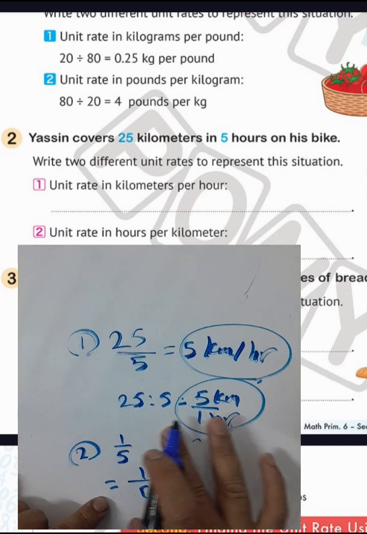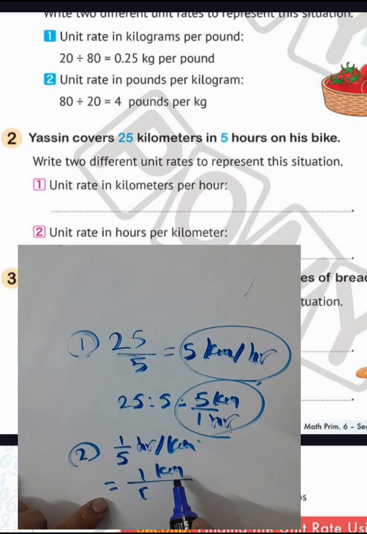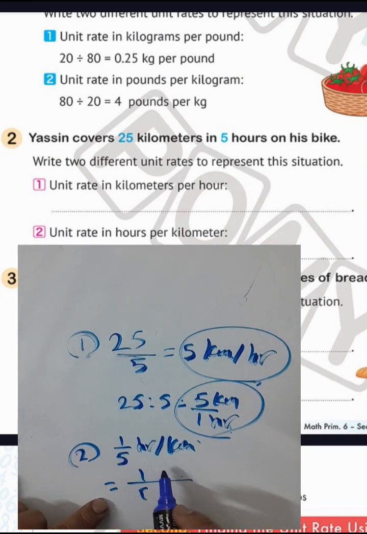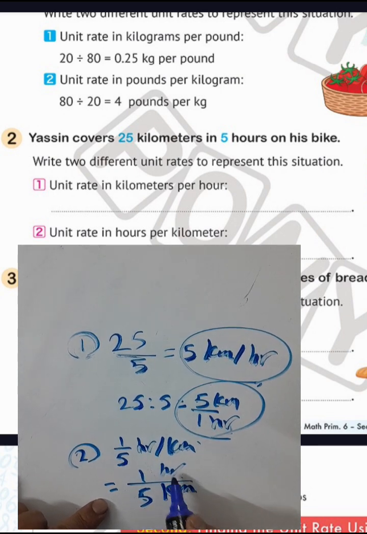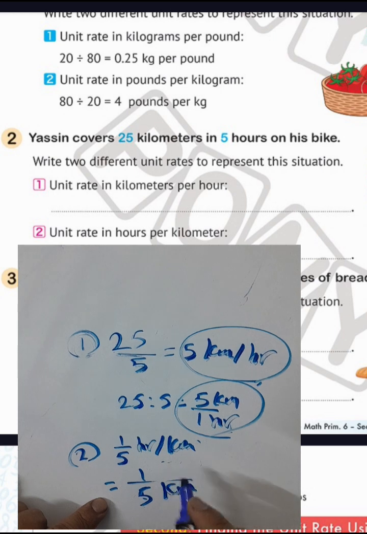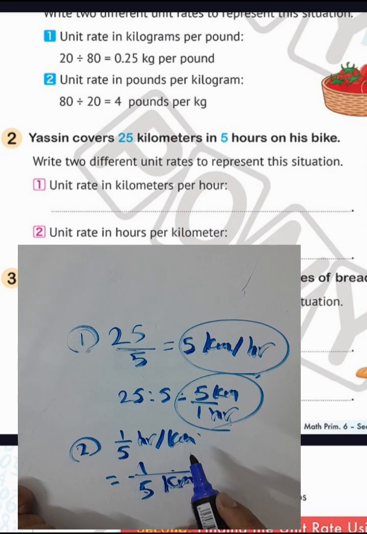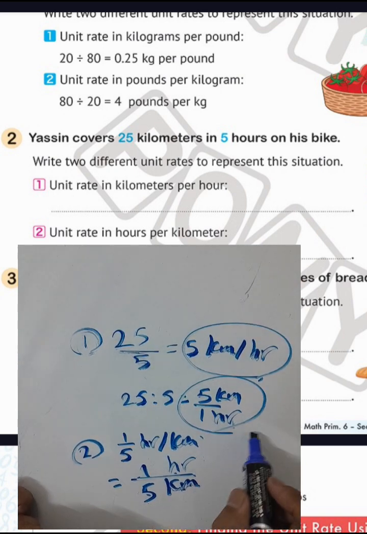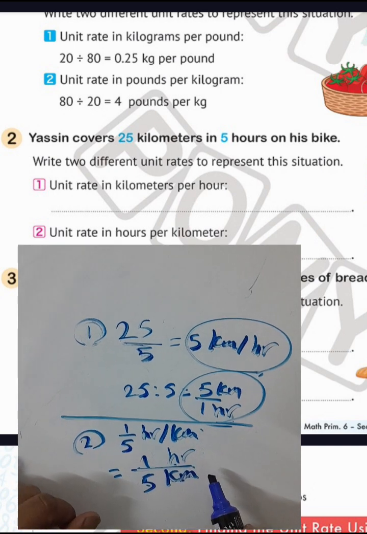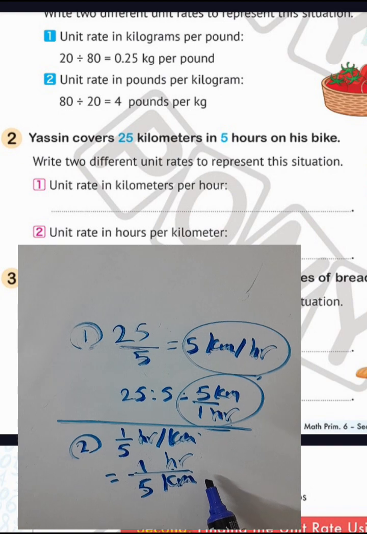You must replace this, writing hours per kilometer, or you can write 1 hour per 5 kilometers. Understood? 1 hour per 5 kilometers. It was question number 2.